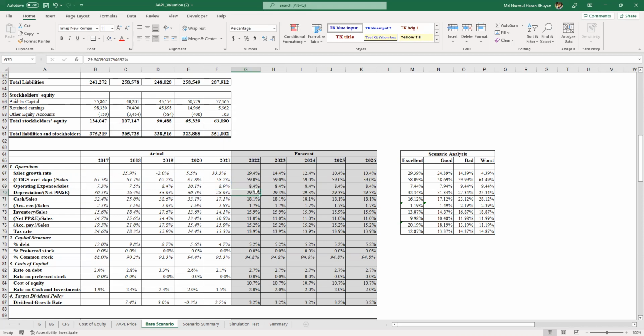Then the same way, you're going to form some expectation for depreciation, then cash to sales and other ratios we have. So just form your expectation. So I have my expectation here. You can see for all the future years.